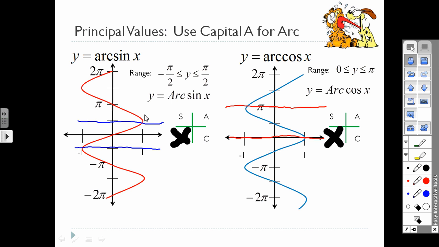If we look over here for arc sine, the range for y is between negative pi over 2 and positive pi over 2. That's from here going all the way around this way up to positive pi over 2. Well, look at your A, S, and C. Pretty much what they decided upon is that you needed two quadrants to choose from for your answer.